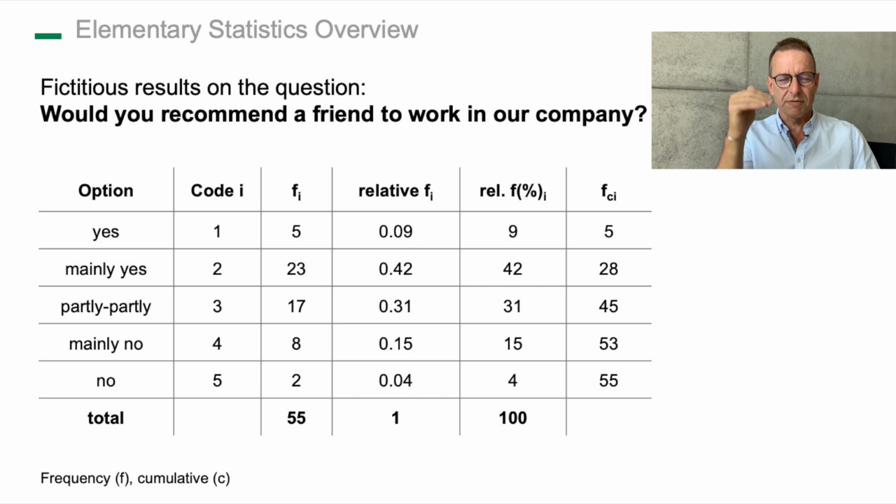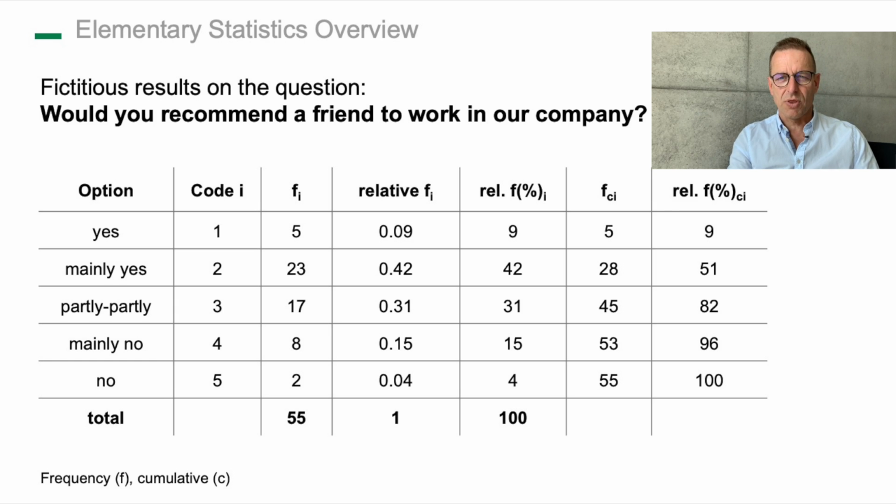Cumulative frequency means in that particular case the number of people who died today plus all those people that already have died. So you could also say the cumulative frequency is the number of deaths up to now. That's cumulative. And then, of course, you can do the same with the relative frequencies.